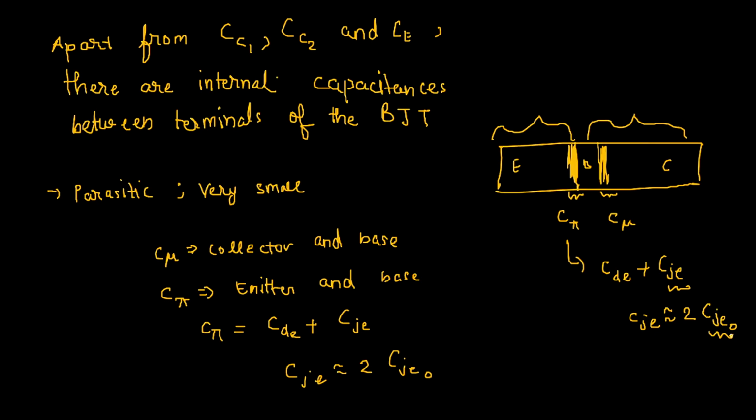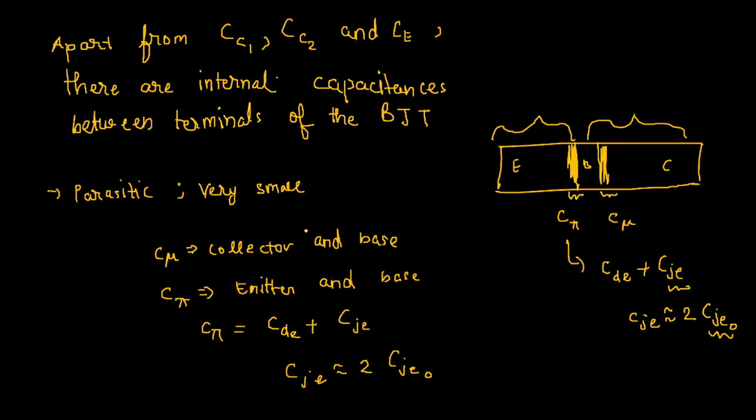Upon supplying a voltage, the junction capacitance changes and it becomes CJE. This is just an approximation that we are taking, that CJE is almost equal to 2 into CJE naught. So we can see that the emitter base capacitance, which is C pi, is a sum of two different capacitors in parallel, the depletion region capacitance and the junction capacitance.